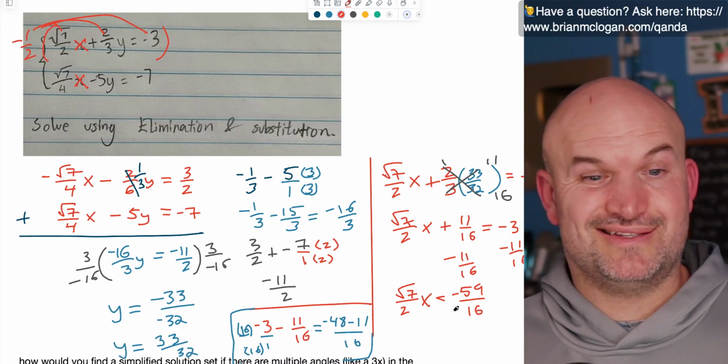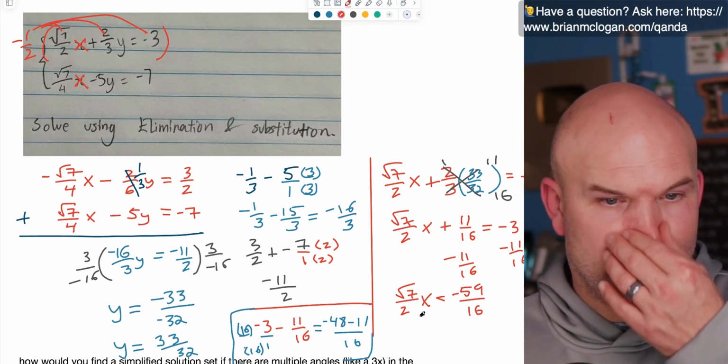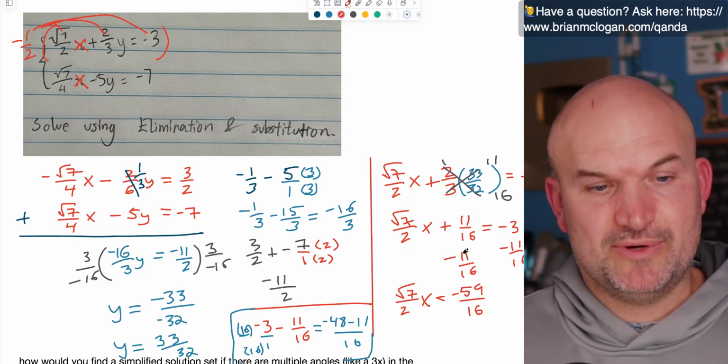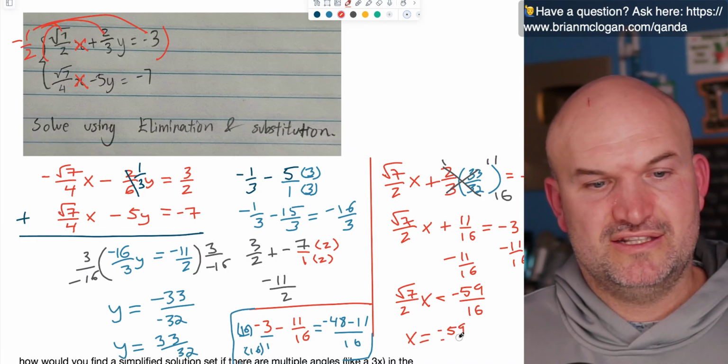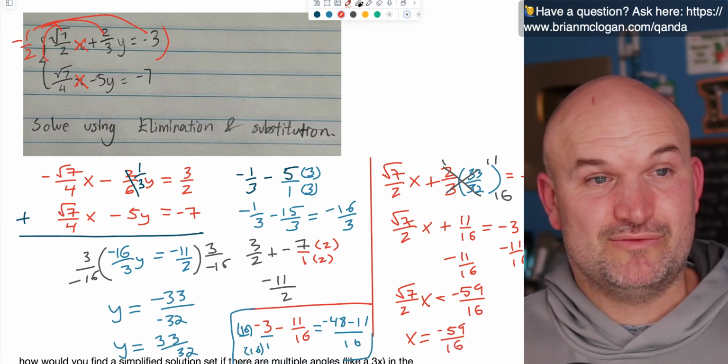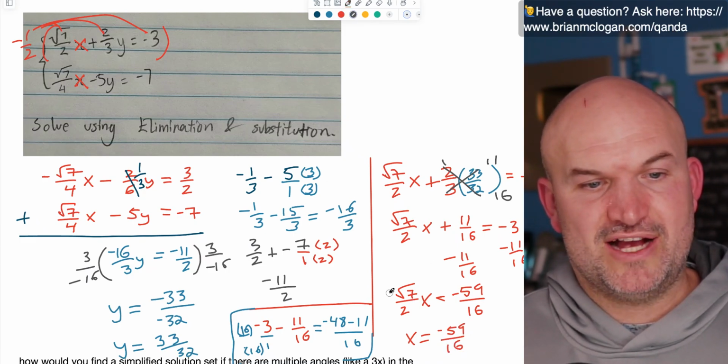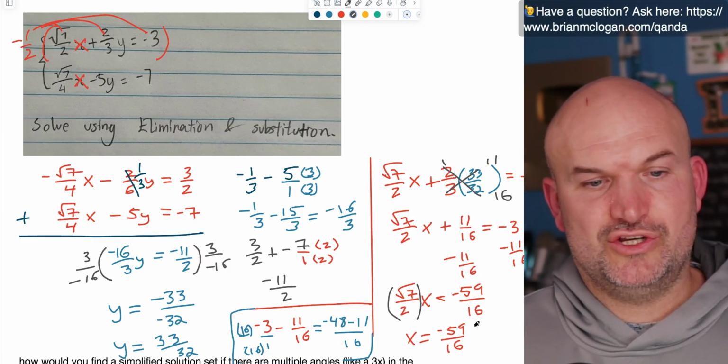And then again, to solve for x, I'm going to multiply by 2. Yeah. So then I'm going to multiply by the reciprocal. So x is equal to a negative 59 divided by 16 times the reciprocal of this fraction, right? Which is 2 over the square root of 7.